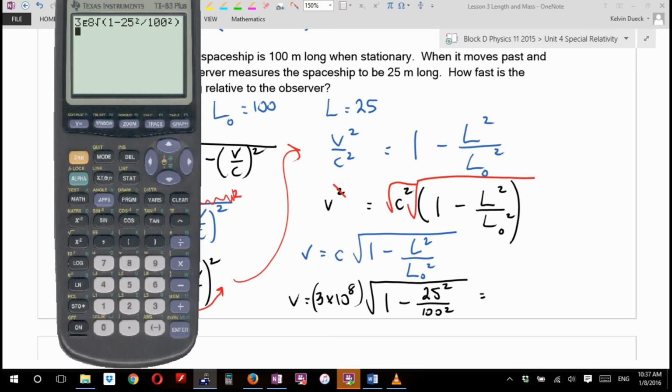If not, you can still do the 25 squared divided by 100 squared equals, 1 minus that equals, square root equals, times 3 times 10 to the 8th. But this one, because I'm not dividing by a bunch of stuff, you might be able to type that. See if you do it in chunks or all in one fell swoop. Is that okay, Matt? Yep, okay.